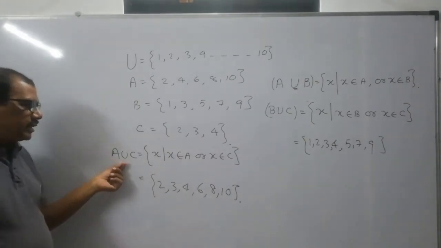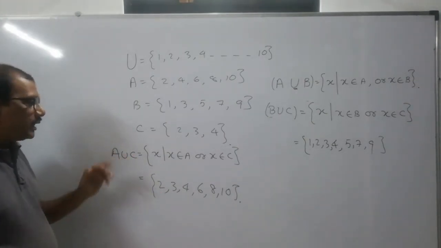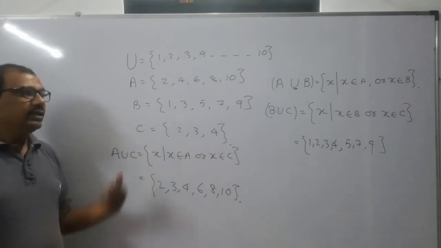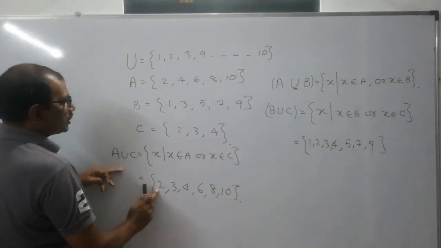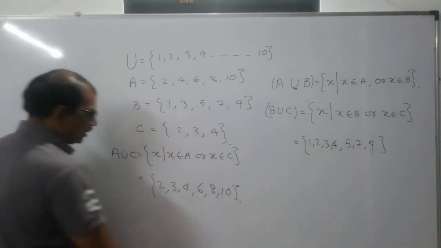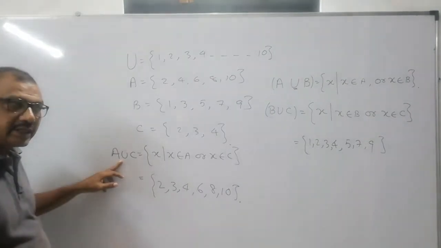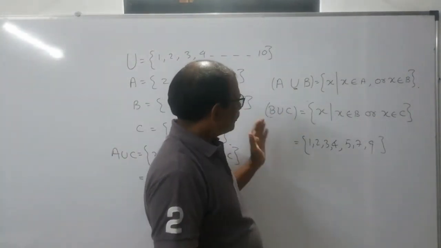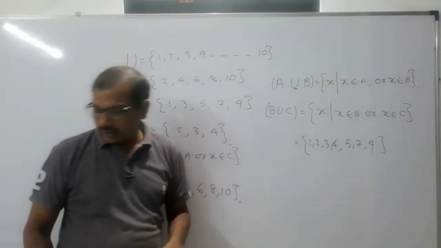When I say A union C, so A जो रहेगा, it will be a subset of A union C. C will be also a subset of A union C. ये कुछ जैसे all the elements of A are present in this one. Check it, right? All the elements of C are present in A union C. Therefore, A and C are subsets of A union C. When I am talking about B union C, the B as well as C sets are subsets of B union C, right?